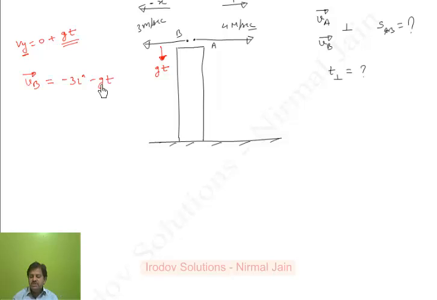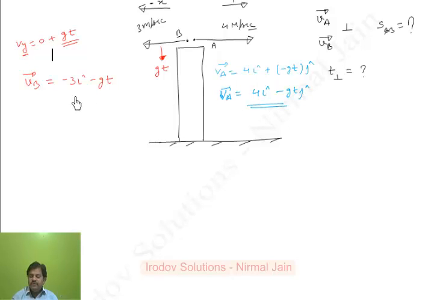So it becomes minus gt. Similarly, for particle A, its velocity is 4 i cap plus minus gt in j cap. So the velocity of particle A is 4 i cap minus gt j cap.